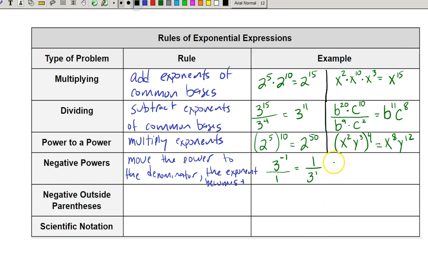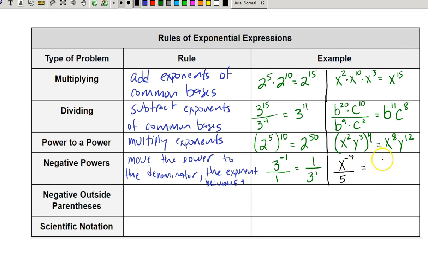And same thing with, let's say I had x to the -7 divided by 5 or something like that. So if I want to make all positive exponents, I could take that and move it to the bottom so long as I make the exponent +7 instead of -7.